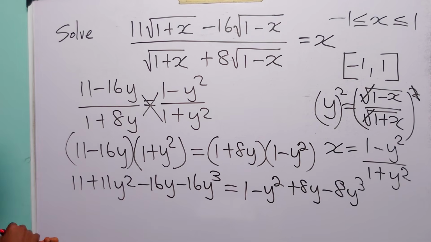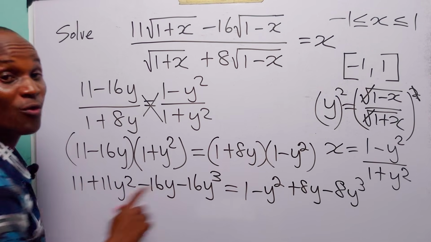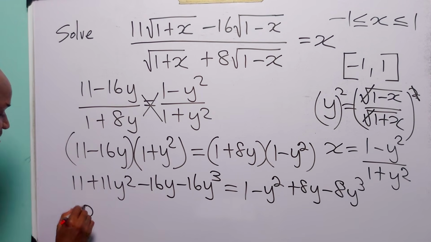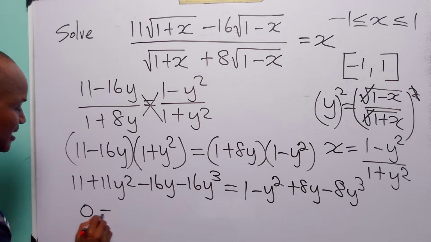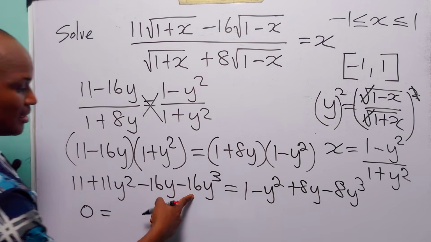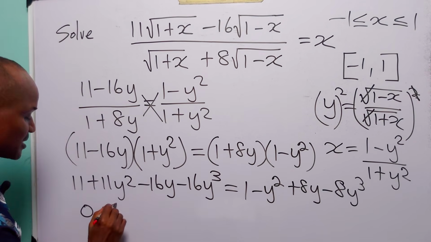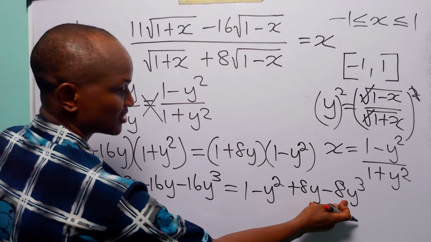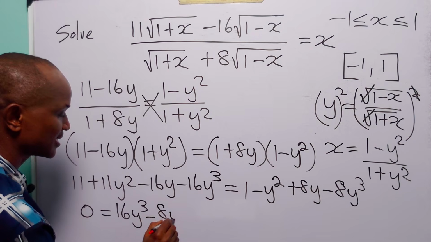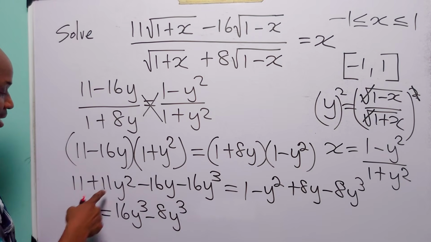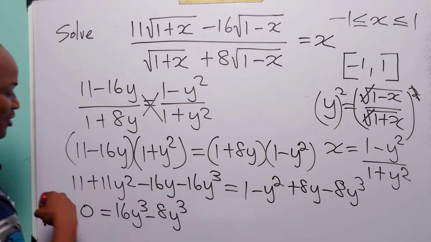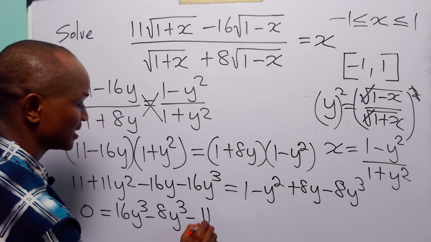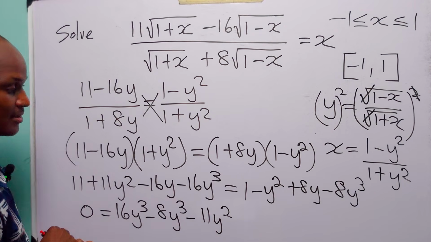Now, collecting like terms, let us move everything over to the right. We have 0 on the left, and this is equal to, this goes over and becomes 16y cubed. This is already here, so we have minus 8y cubed. This goes over and becomes minus 11y squared.